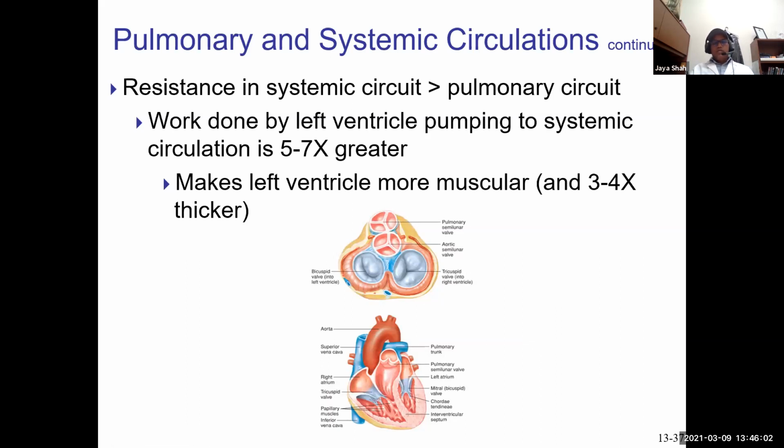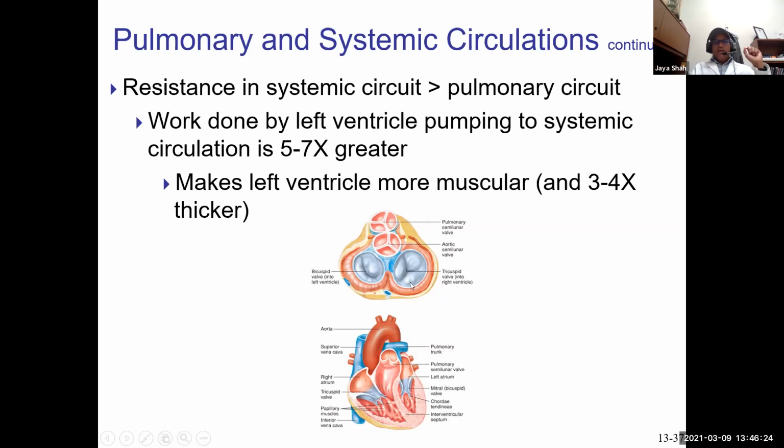If you cut the heart at the level of the valves, you're going to see the valves here. This is the bicuspid valve. You see, it has only two cusps. That's why we call it bicuspid. It has another name: mitral valve.